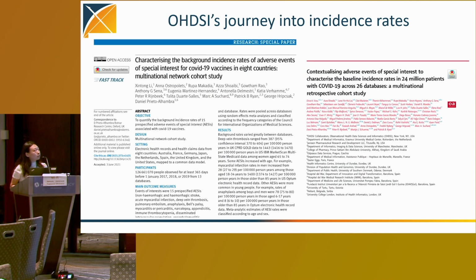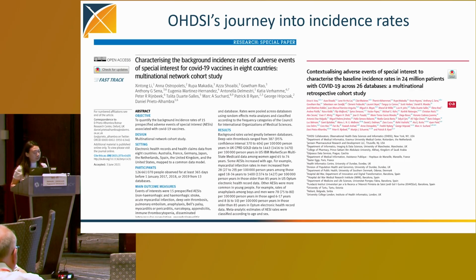Over the last couple years, OHDSI has done a lot with incidence rates. This has been mentioned before in Patrick's intro slides. OHDSI has used large-scale incidence rate studies to provide information to both the EMA and the FDA related to adverse events of interest from the COVID vaccine, so helpful for medical guidelines and things like that.